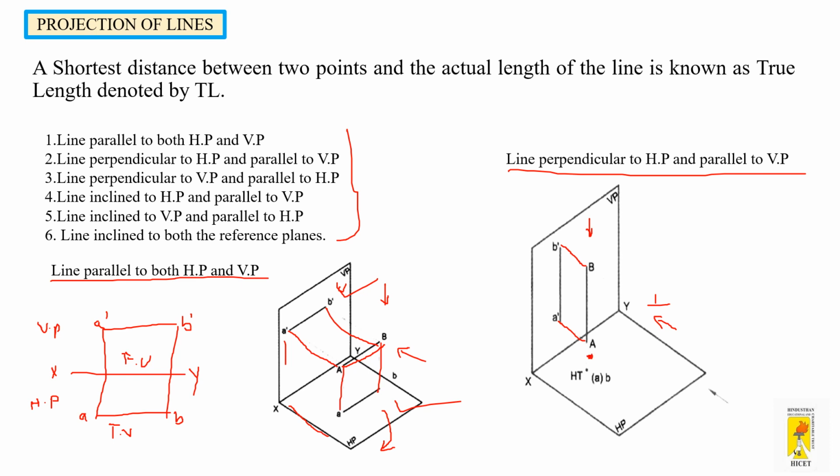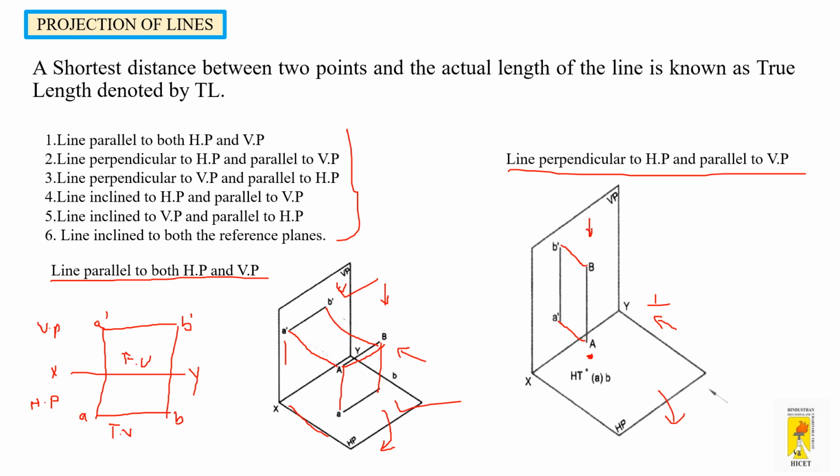He cannot view the whole line, because from the top only the point B is visible. The point A is invisible, so no one can view a line there. There will be only a point, and that will be the top view of this line. I hope you all understood.